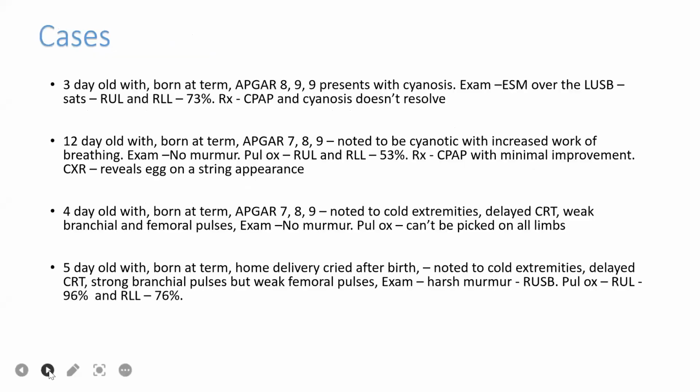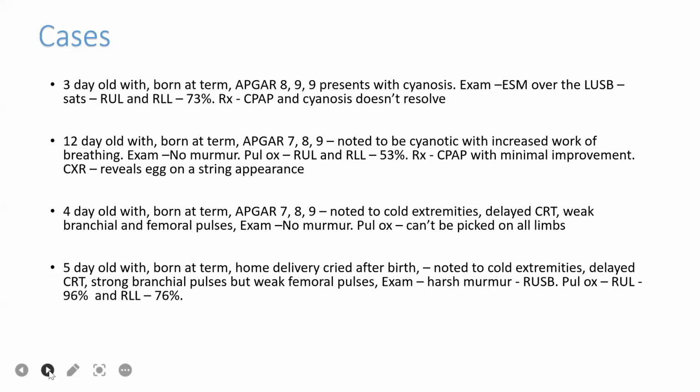So I'll give some scenarios of how some of our babies who have these duct-dependent lesions will present. First baby: 3-day-old, born at term, APGAR score of 8, 9, 9, presents with cyanosis. On examination, the main finding was an ejection systolic murmur over the left upper sternal border. The adult will call this the pulmonary area. Saturations of the right upper limb and right lower limb are both about 73%.